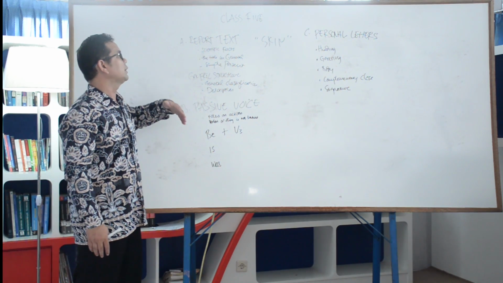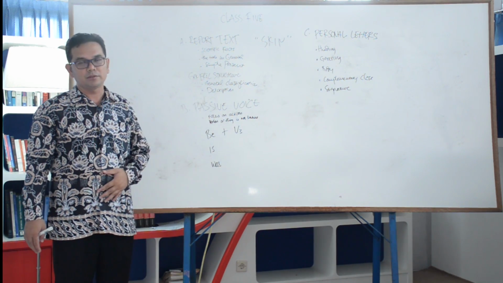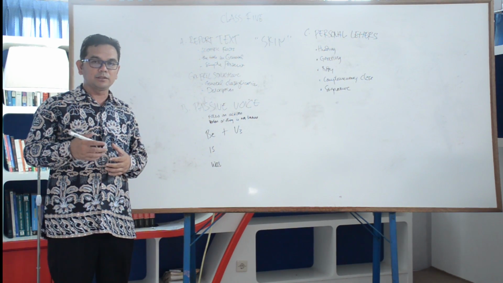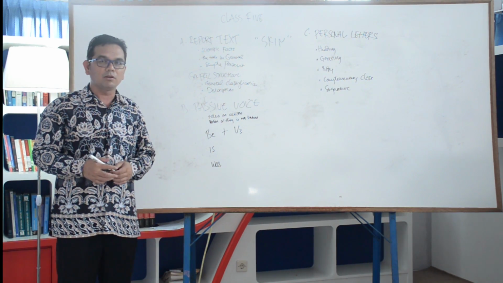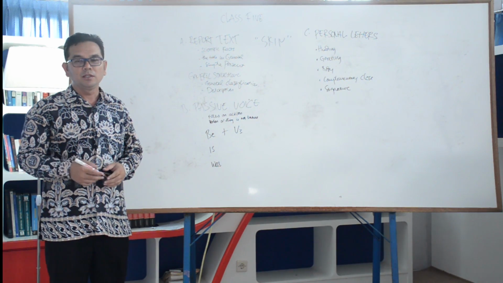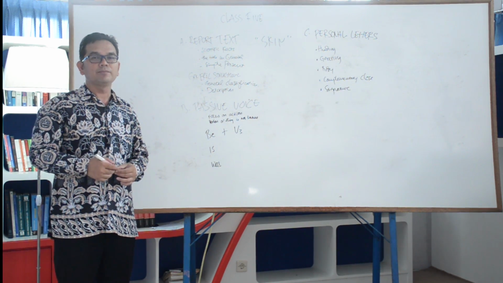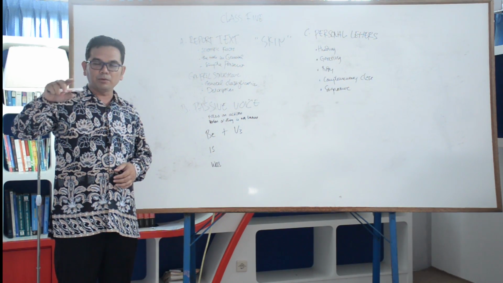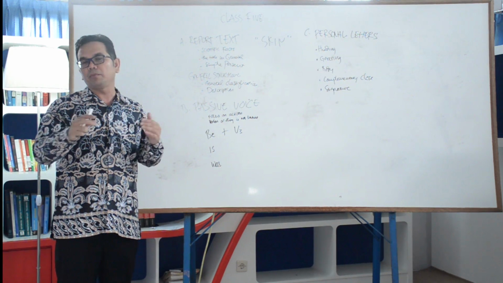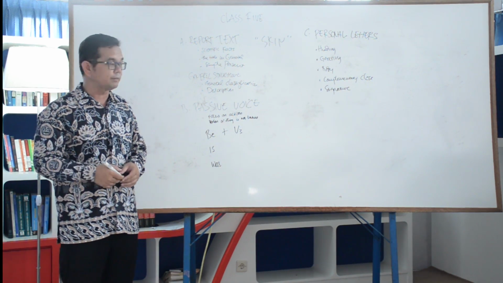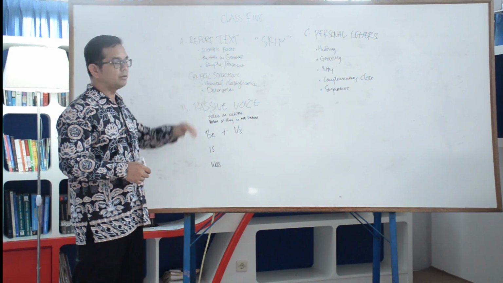This is the kind of report text. So you can find other examples of report text on Google. Type report text, and you will find many examples. Learn it, practice it, find the meaning, try to understand. This is the first, about the report text.